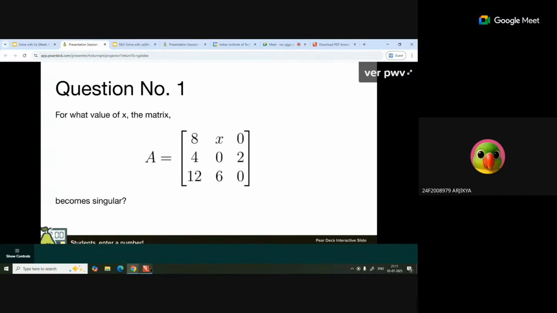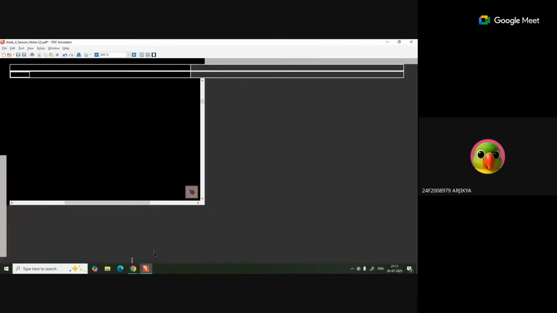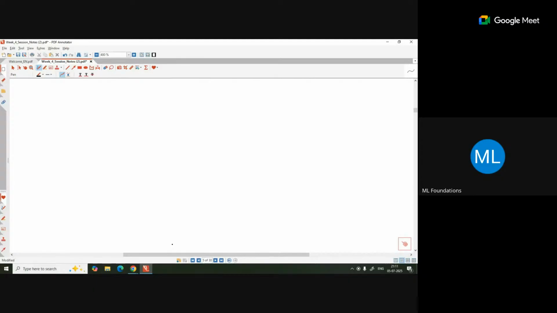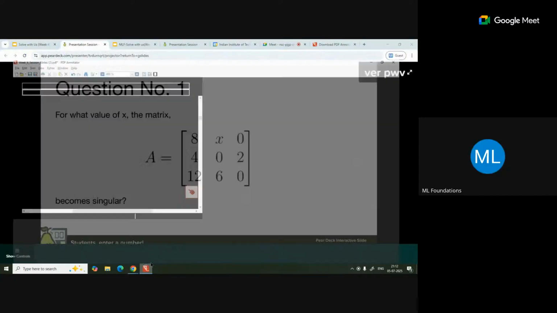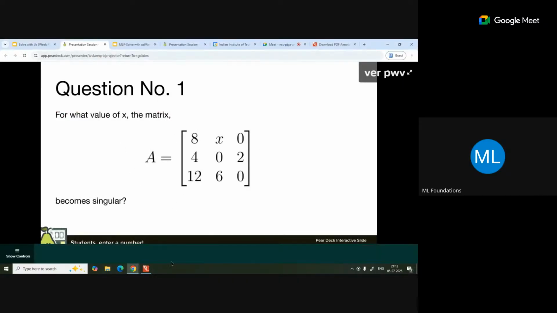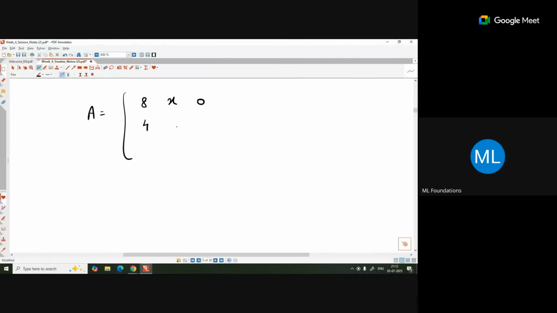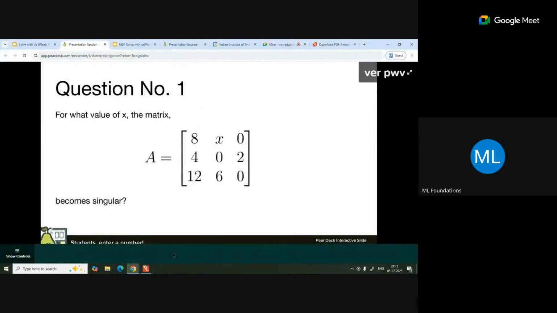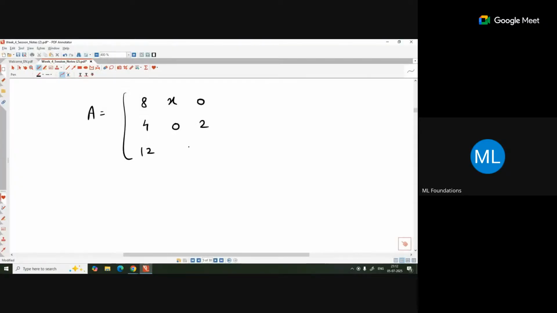First, we subtract 2 times the third column from the first column. That will give us 8, 0, 12, and the first column becomes 8x, 0, 0, then 4, 0, 2 and 12, 6, 0. The simple thing to do is expand it using determinants.